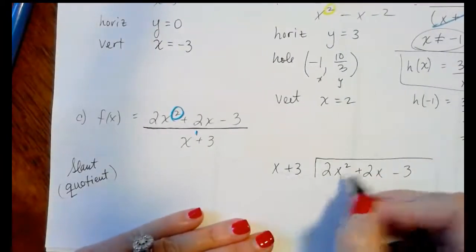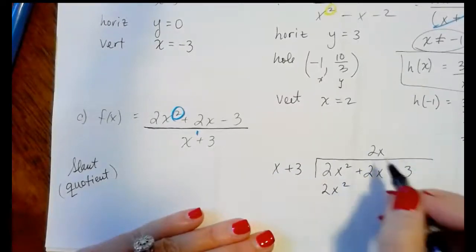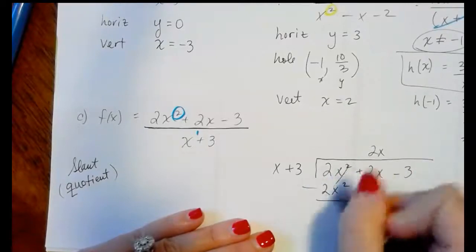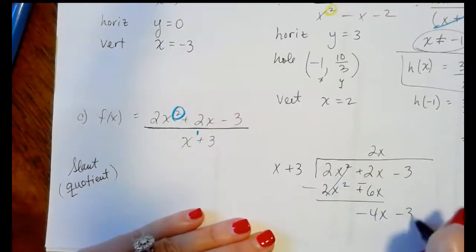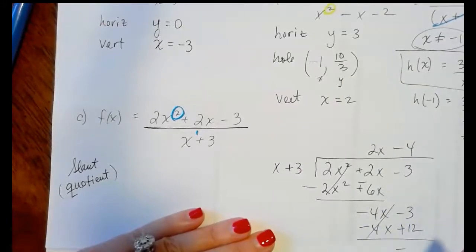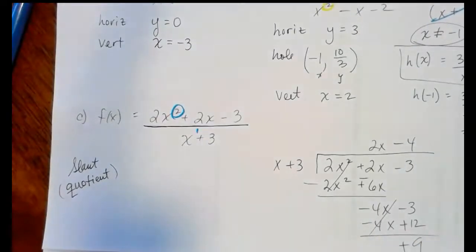So x goes into 2x squared. 2x times x is 2x squared. 2x times 3 is 6x. So that is negative 4x minus 3. X goes into negative 4x, negative 4 times. And really, I can just stop here. The remainder is 9, but the remainder is irrelevant in terms of the actual asymptote.